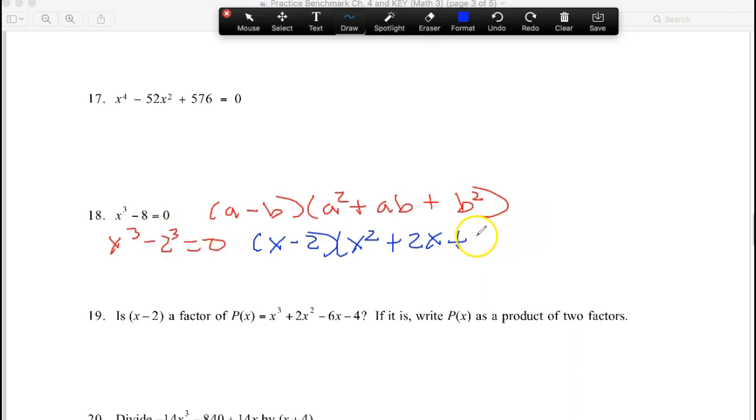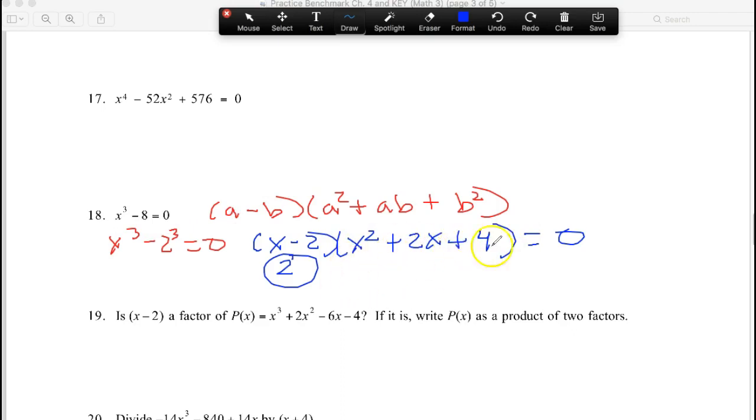So I'm going to put 2 squared here, which is 4. And this is positive, even though this is a minus, this right here is going to be positive, 2 squared. Now I set that equal to 0, because that's how it was set. Now I'm going to solve this. I can see the solution here is going to be 2, which I already did get when I just moved 8 to the side and cube rooted. This is going to be my imaginary part.